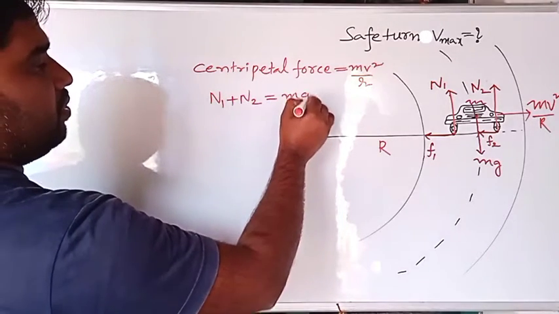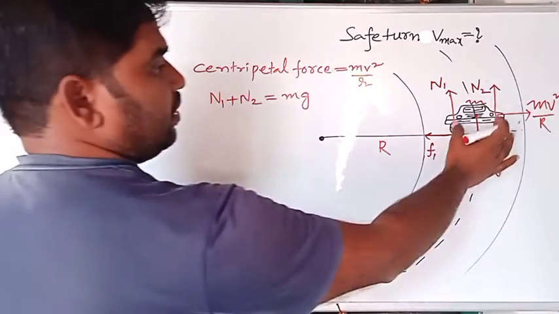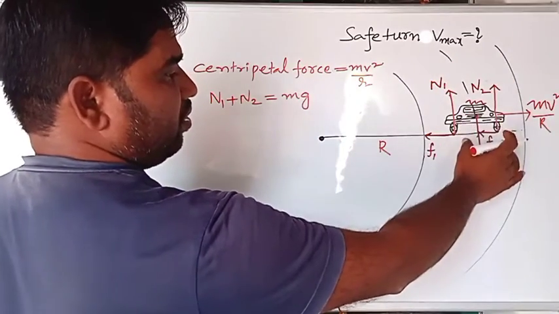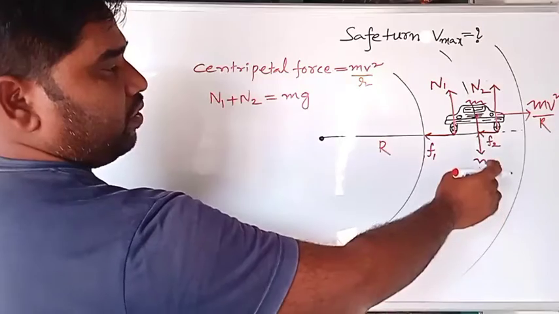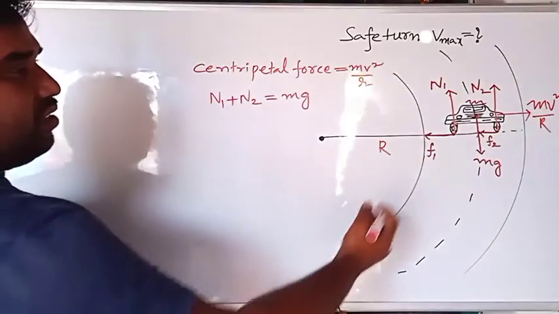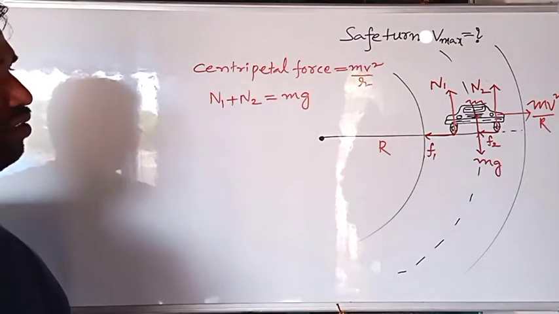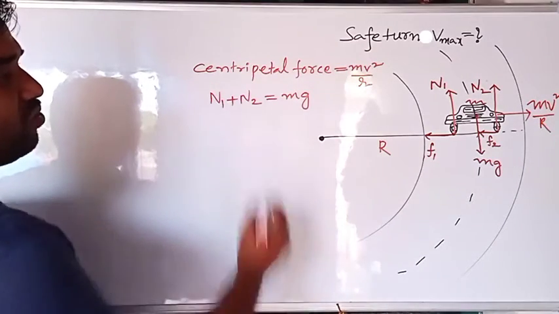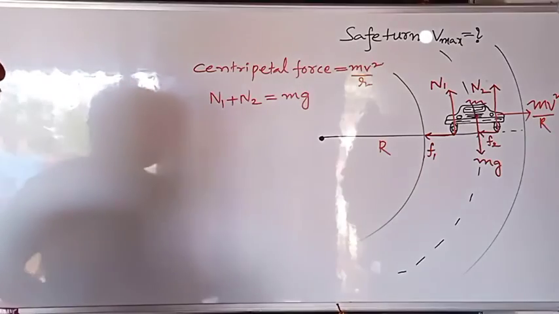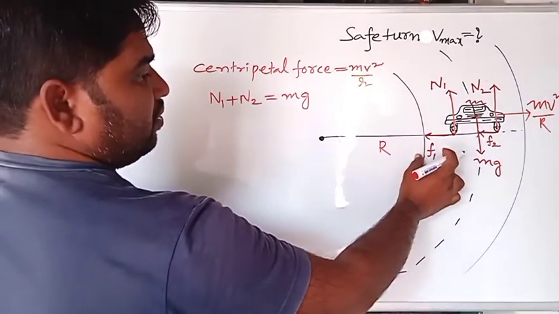Here normal force equals weight. Upward force and downward force are both equal. Because of that it moves forward. Here N1 plus N2 is balanced by the weight of the car.